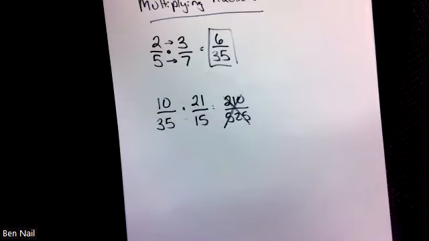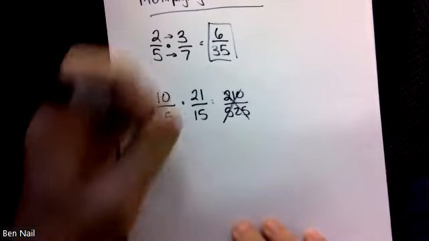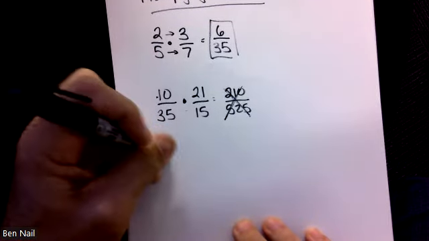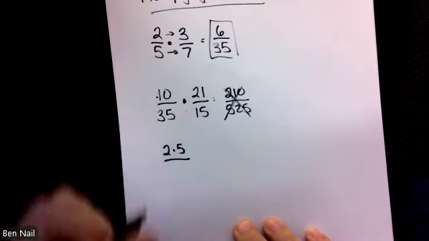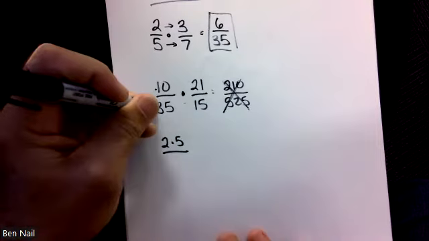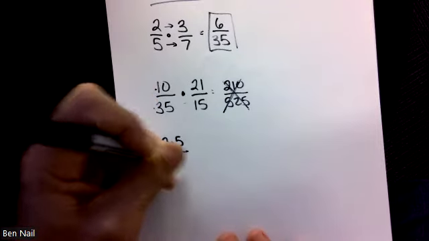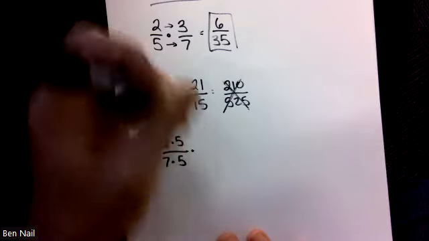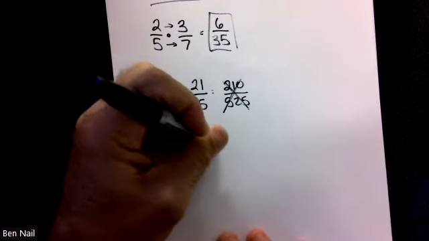exact same problem. So if we apply that concept of factoring, another way to write 10 is 2 times 5. Another way to write 35 is 7 times 5. Another way to write 21 is 3 times 7.